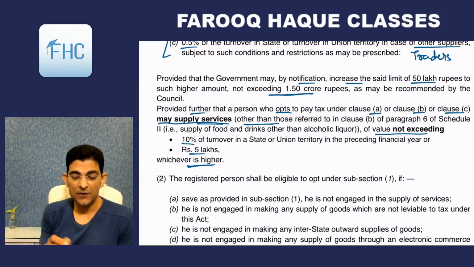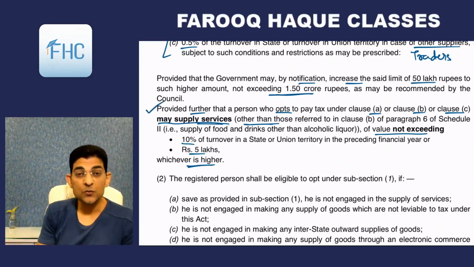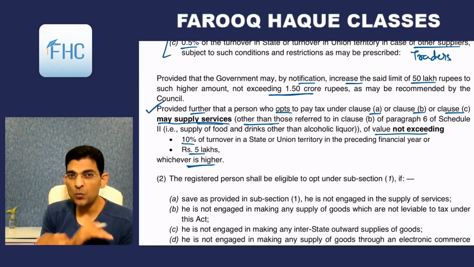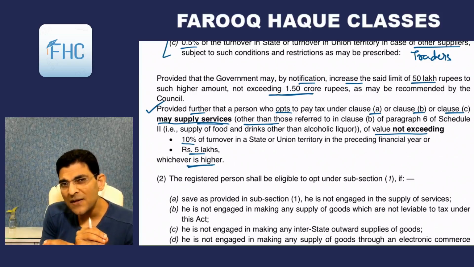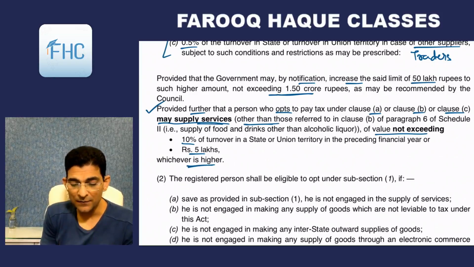But now this proviso has been inserted and you are allowed to take composition scheme if your service turnover is very less. So you are predominantly selling goods and to some extent you are giving service also. So that limit is given here, 10% of total turnover, or 5 lakh, whichever is higher.